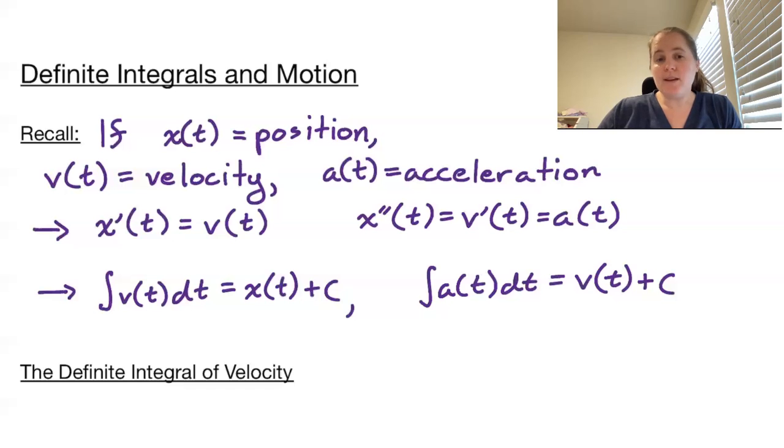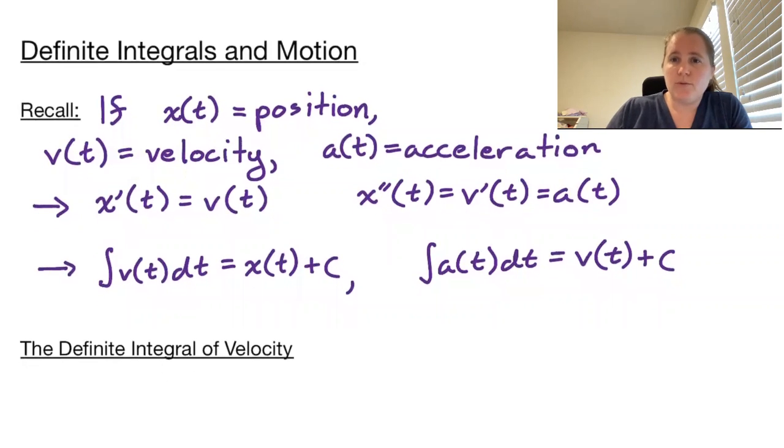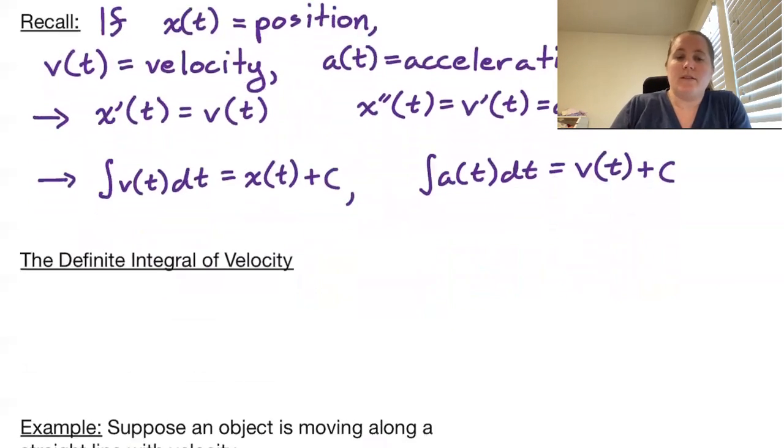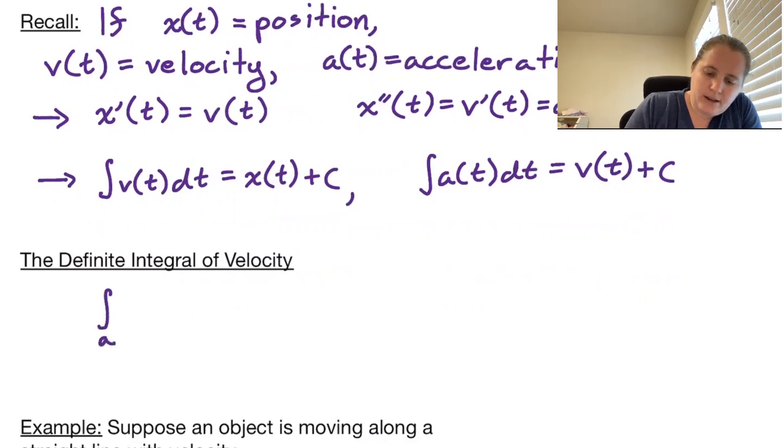So with these relationships, we wind up getting some useful things with the definite integral as well. So if we want to look at the definite integral of velocity, so let's say the definite integral from a to b of v of t dt.